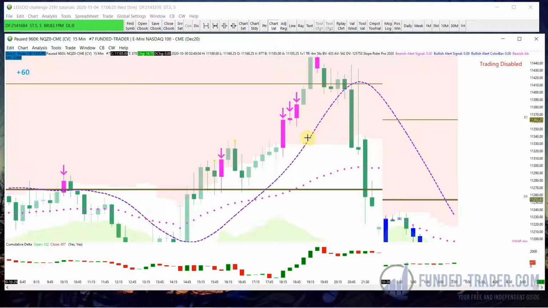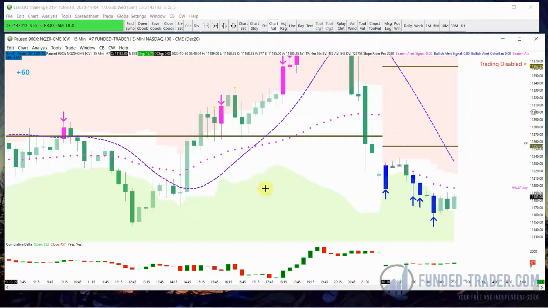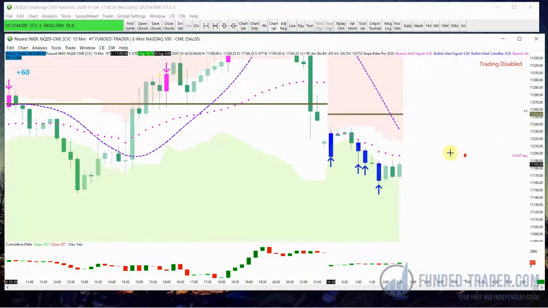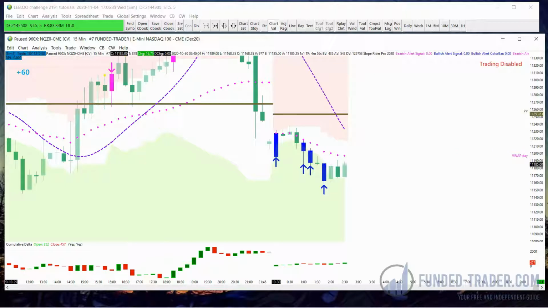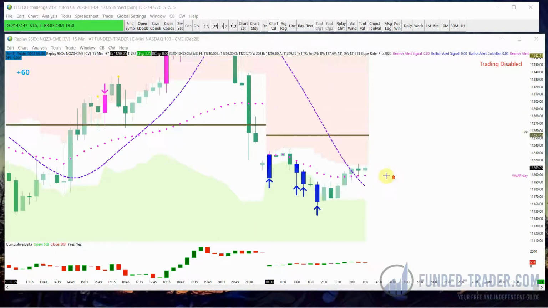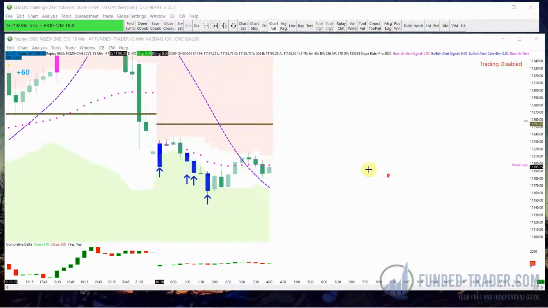At least it's keeping you safe. It's not telling you to take many trades when there is no reason. So I'll let it go a bit faster until about 6 a.m. or so.